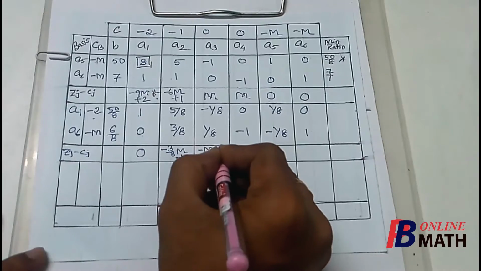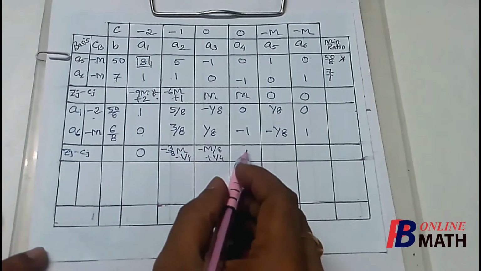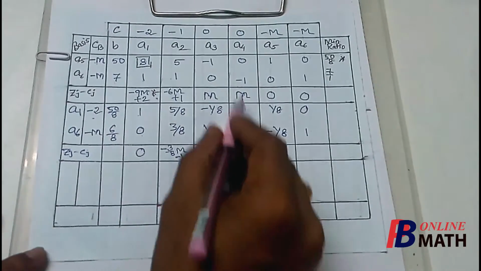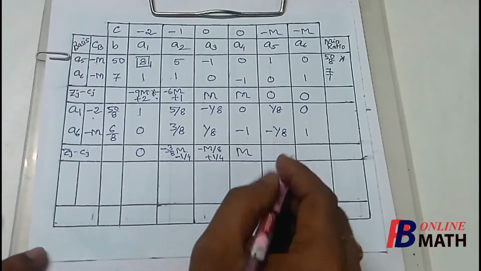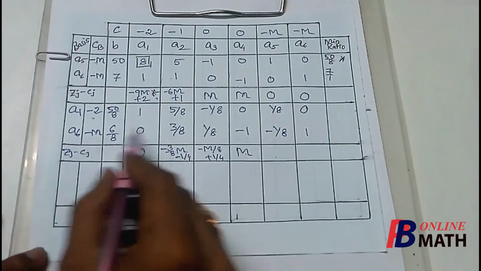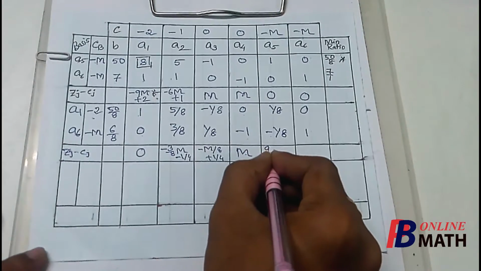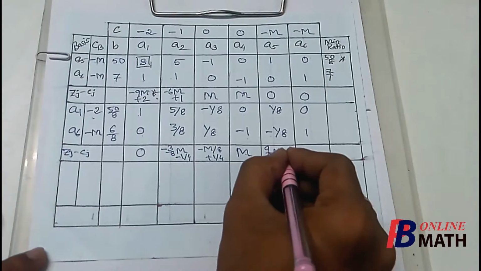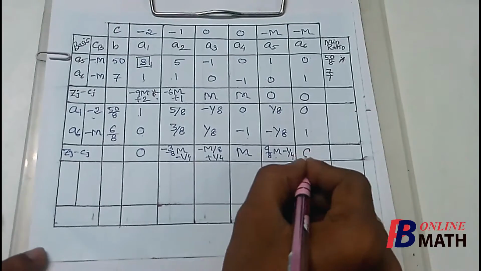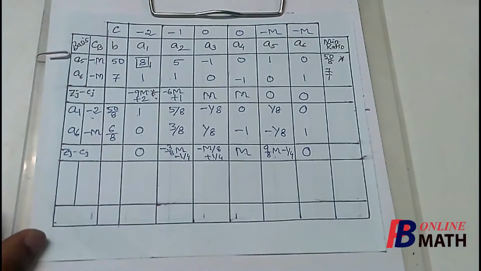So minus m by 8 plus 1 by 4. Next this one, this will be minus 2 into 0 plus m minus 0. So plus m. This one will be minus 1 by 4 plus m by 8 plus m. So 9 by 8 m minus 1 by 4. And finally this one will be 0. So we have computed all the values of Zj minus Cj.